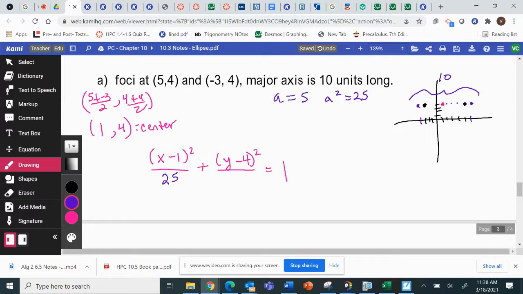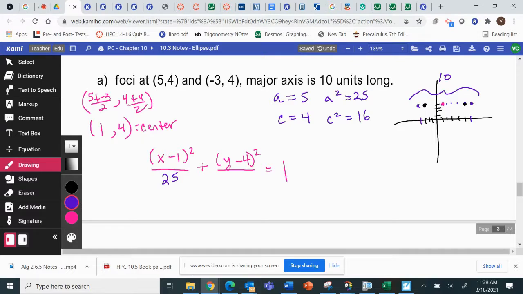When I was counting out the 5, I figured something else out. Did anybody figure out something else when they were counting the 5? The C value. The C value, what'd you get? Okay. So then I know the c squared is 16. That's not what goes in my equation though.